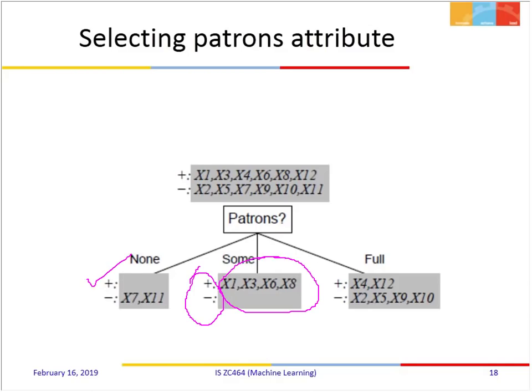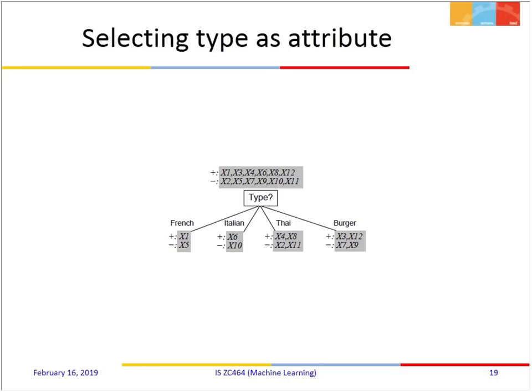Similar things you can apply on type. There were 12 examples, 6 belonging to the plus class. Plus represents the wait class, and negative represents not waiting in the restaurant.